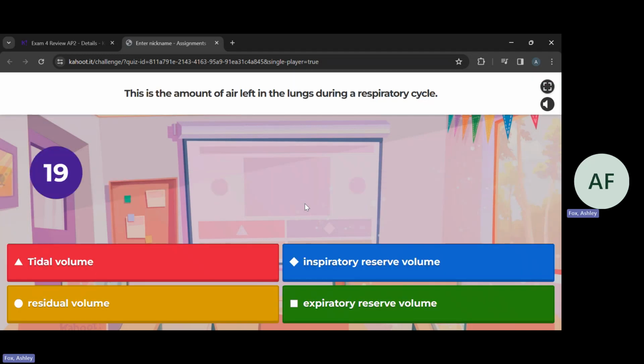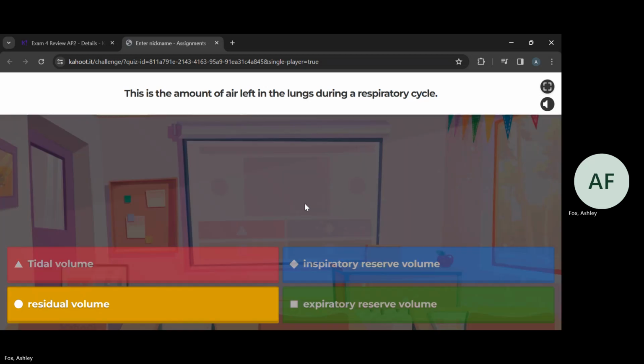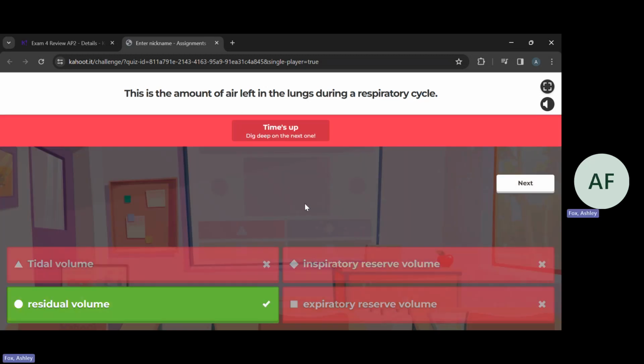This is the amount of air left in the lungs during a respiratory cycle. So this is residual volume.